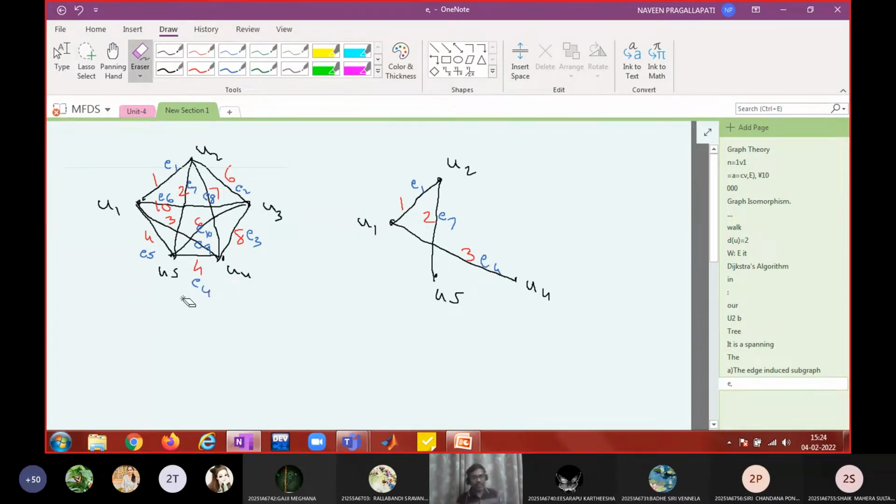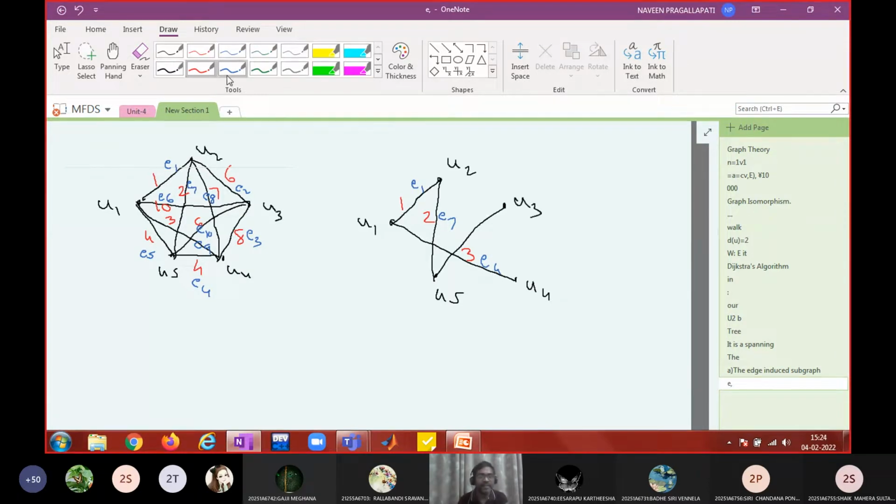So these two are rejected. What is the next best edge? E10 or E2, sir? E10 or E2. If I select E10, that forms an edge with U3.